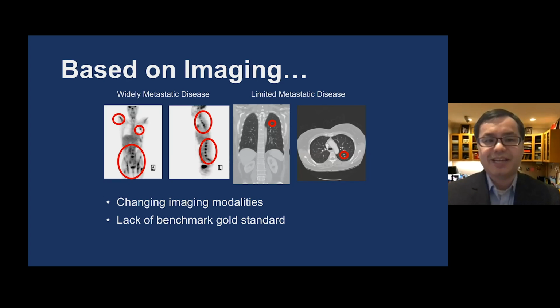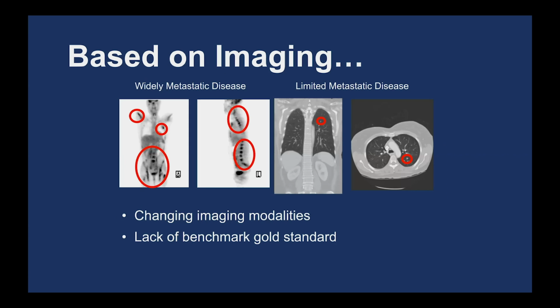Now, metastatic cancer has largely been based on imaging historically. These are two examples demonstrating the differences between widely metastatic cancer and more limited metastatic cancer. But imaging has changed quite a bit over the years, and you can imagine that from 1995 to the present, our ability to detect cancer in different locations has really improved.